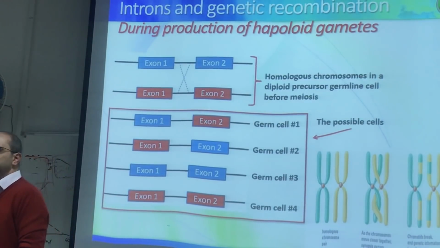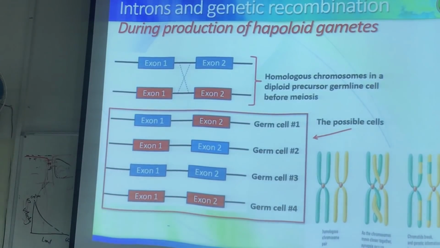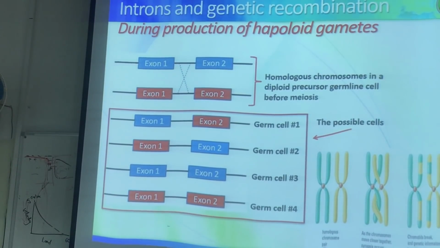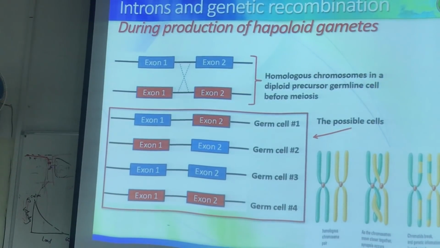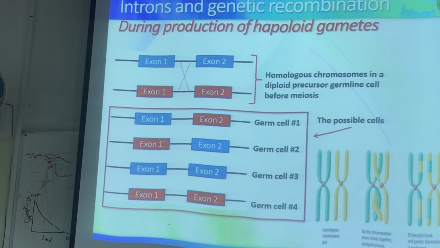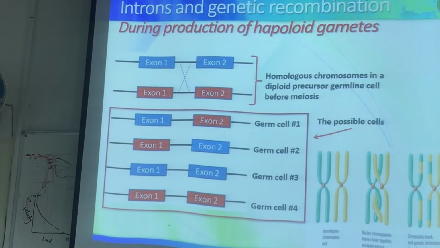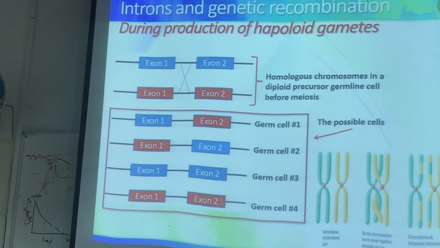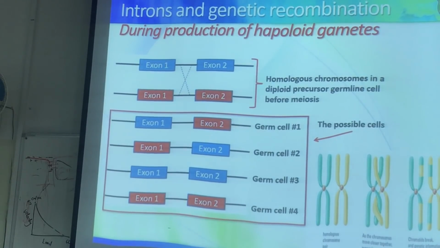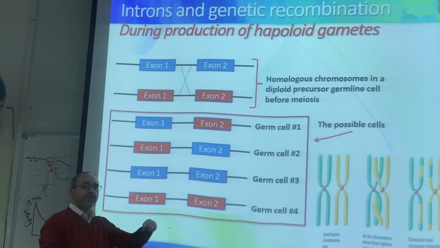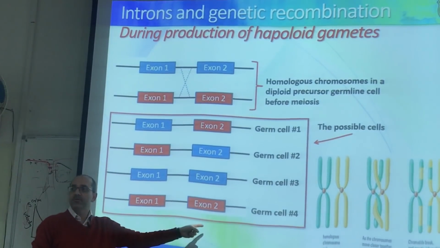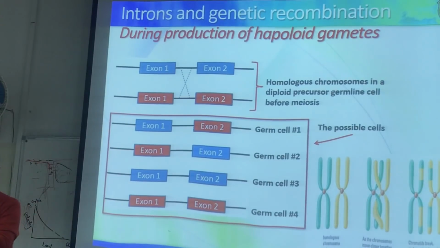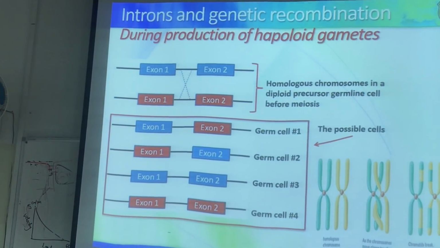How do we get variation among individuals? In meiosis, in the sperm and the egg, there is an exchange of genetic material, crossing over. So the egg and the sperm of any parent of ours, when meiosis and formation of the egg or sperm happens, I can have formation of different genes, so that I have exon 1 maternal with a paternal exon, or the opposite, or both maternal, or both paternal. So the idea is that we make variation of genes and we get diversity. That's why we look different.